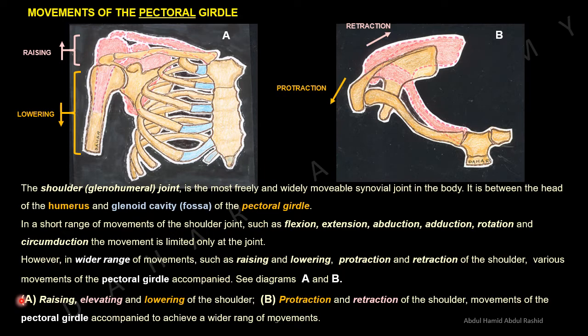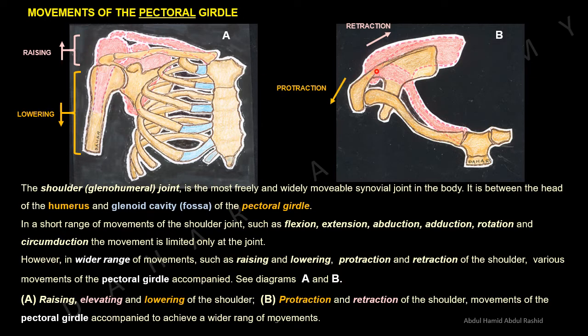In diagram A, you can see the right pectoral girdle in a lowered position, and the same pectoral girdle raised up to a higher position. That is up and down movement.